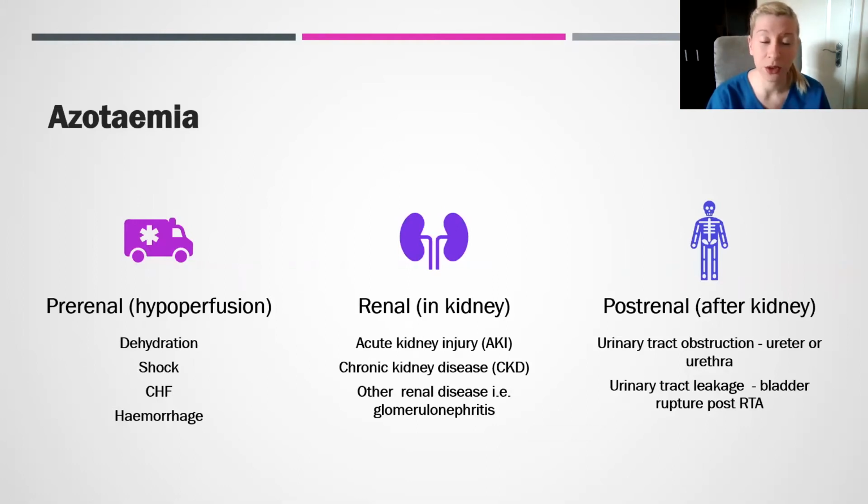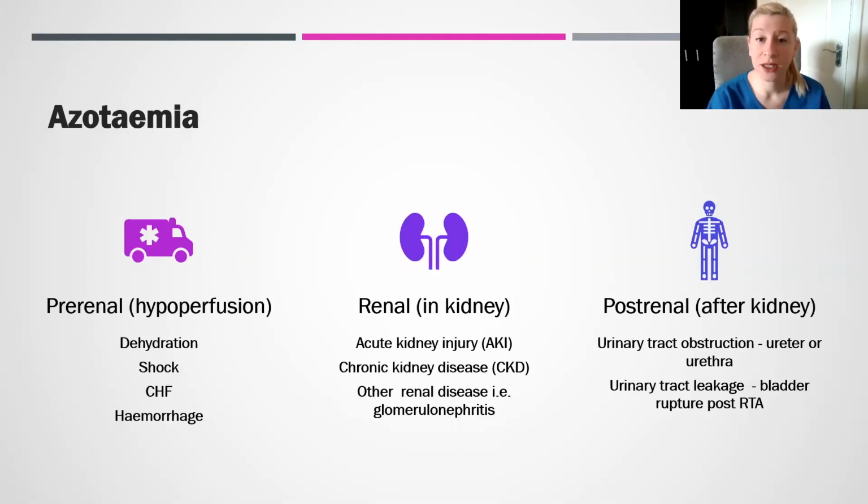So if you think that your azotemia is pre-renal, you can do a PCV and a total protein alongside. We know that with dehydration, we will get an increase in our PCV and an increase in our total protein. So that might tell us that this patient is dehydrated, and therefore this may be a pre-renal azotemia.